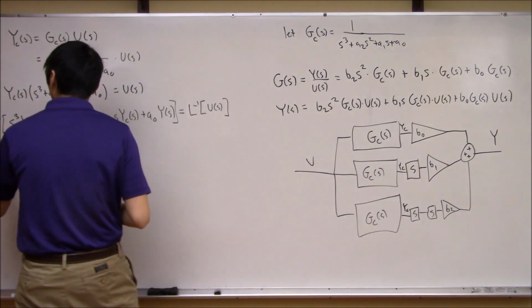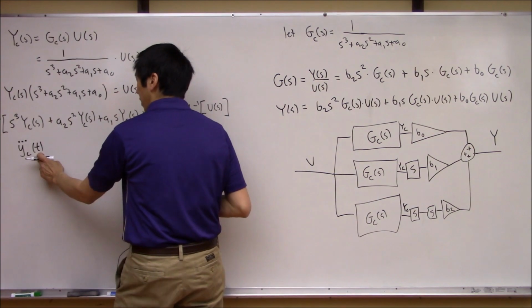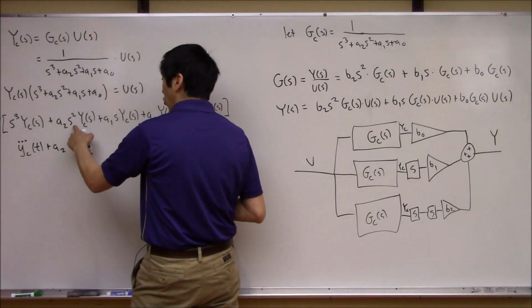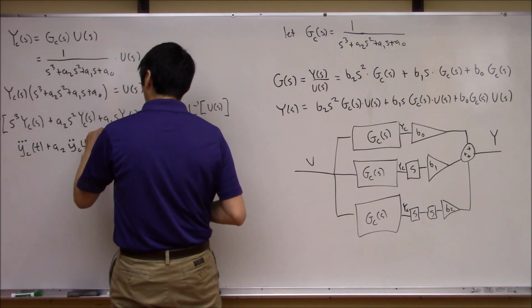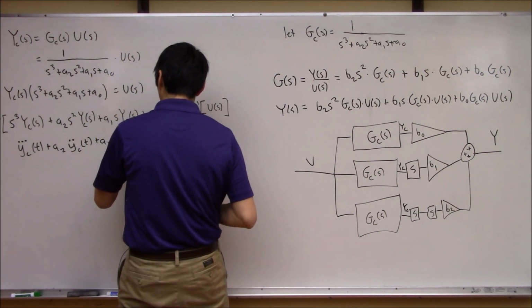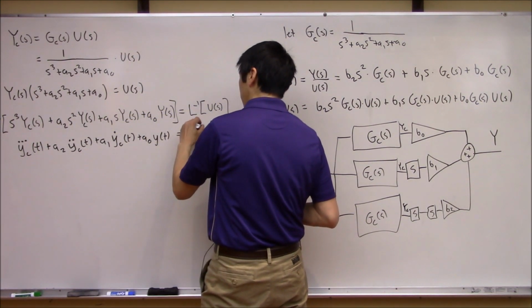So this term becomes YC triple dot of time, so we go from the S domain back to the time domain. Then plus A2, same thing, S squared becomes YC double dot of t, plus A1 YC single dot of t, plus A0 YC of t, is equal to U of t.